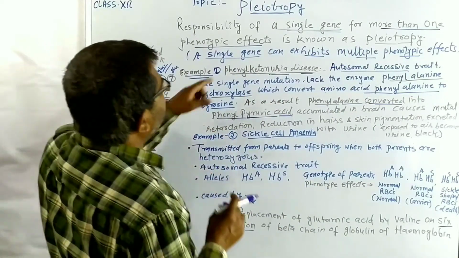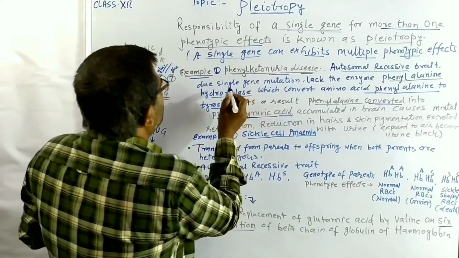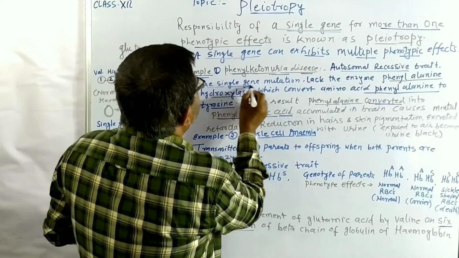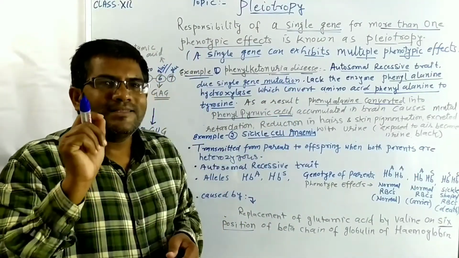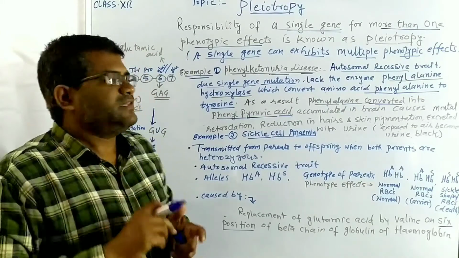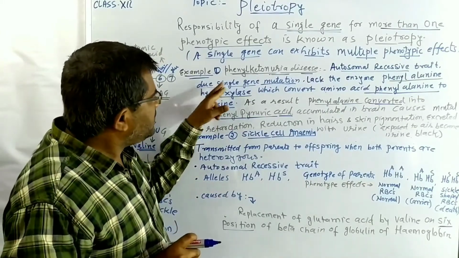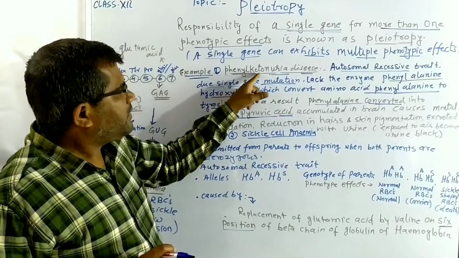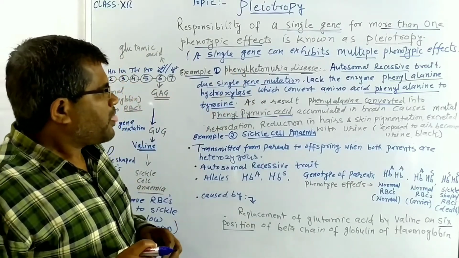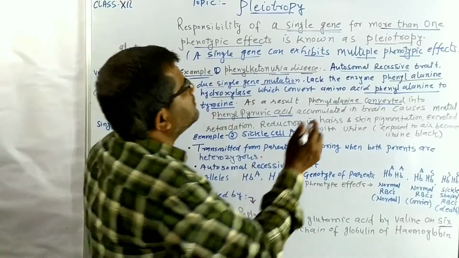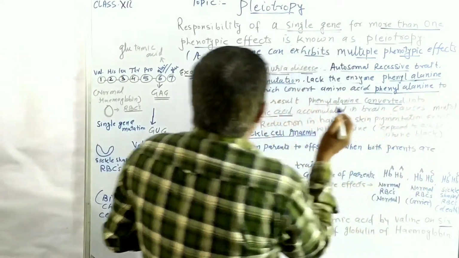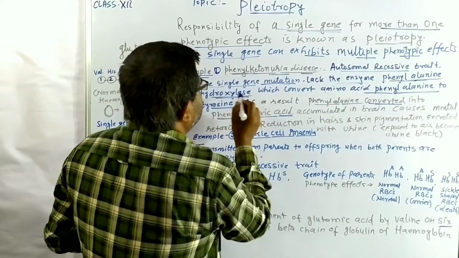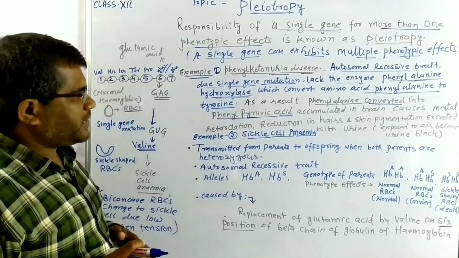Second, phenylketonuria is caused due to a single gene mutation. Suppose a change comes in the single gene. Due to the change in the single gene, phenylketonuria is caused, because of the lack of the enzyme phenylalanine hydroxylase. Students, try to understand.